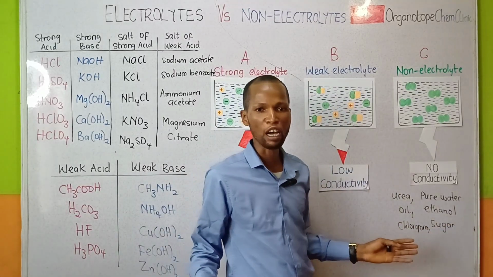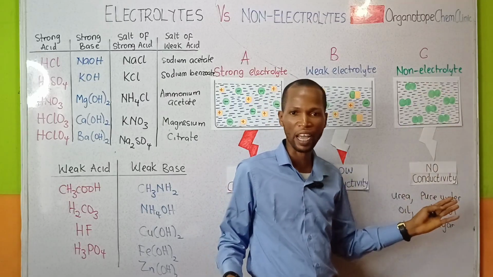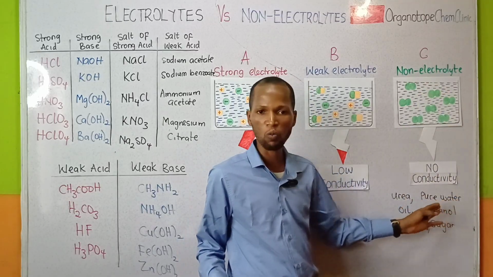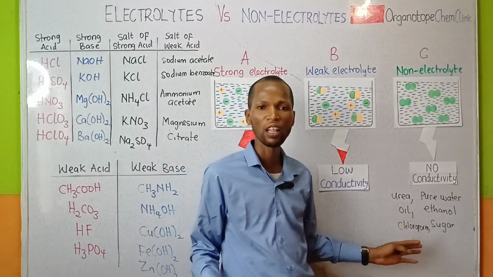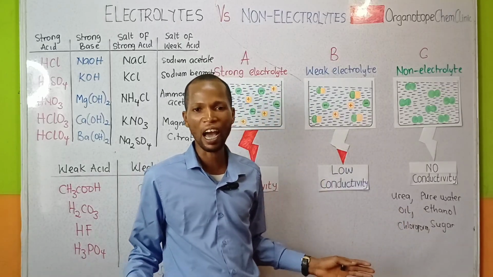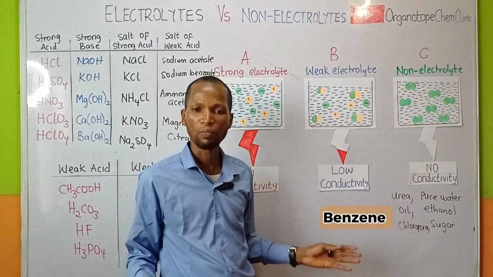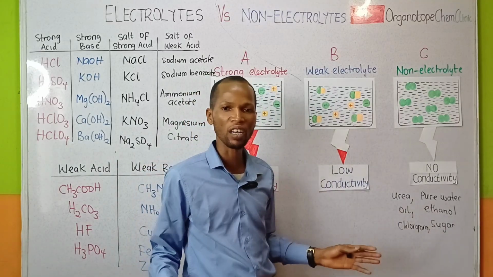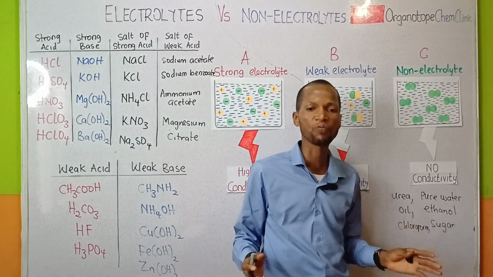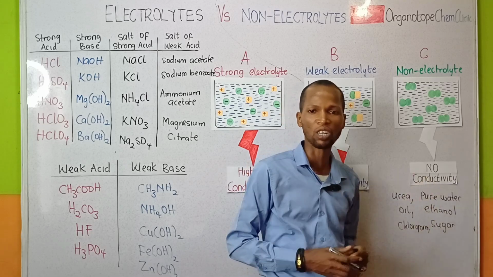All these are examples of non-electrolytes. Again, we have pure water, ethanol, sugar, urea, oil, chloroform. They are non-electrolytes. Benzene as well is a non-electrolyte. This is because they contain mainly covalent bonds in their structure.